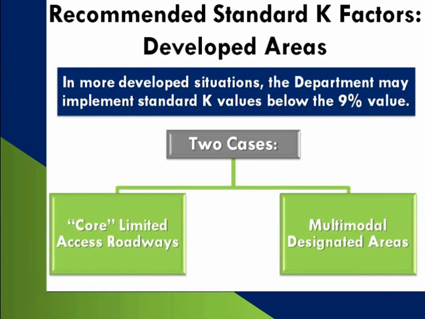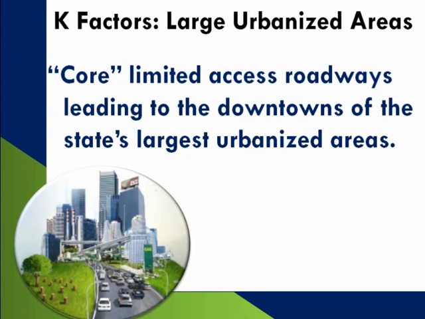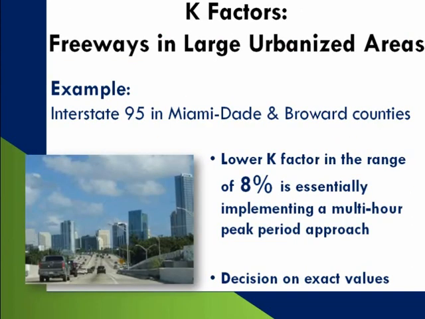There would be two cases where we would use lower values. One would be, let me call them core limited access freeways, and then the other one would be in these multimodal designated areas. So these core limited access freeways, these are the ones leading to our major downtown areas, our 7 largest counties. And so for instance, I-95 in Miami-Dade and Broward, rather than have that 9% value, we would go to an 8% value.